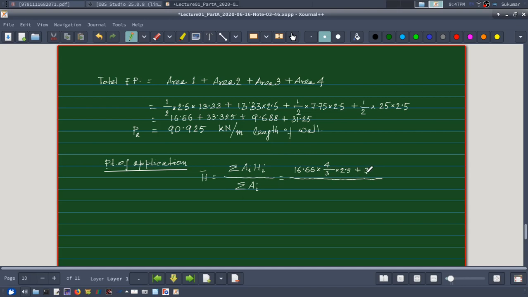33.325 into, this is a rectangular area, so it will be at the mid height, so 2.5 by 2.